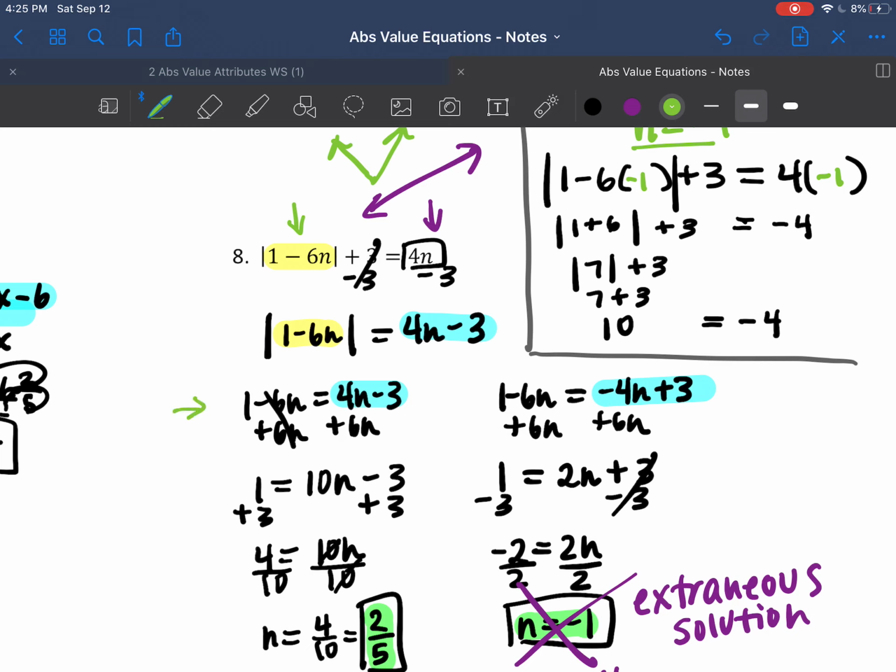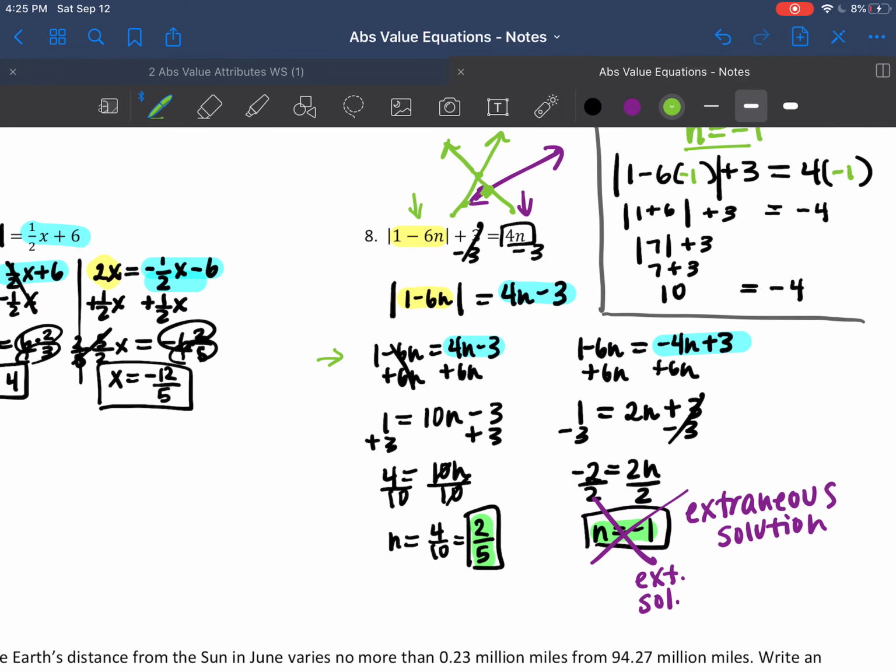Okay, and then when you take the bars off and write these two cases, you're acting like you have two linear equations. And so you can come across solutions, intersections that aren't actually there when that happens. And so that's where these extraneous solutions are coming from.